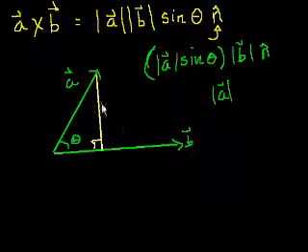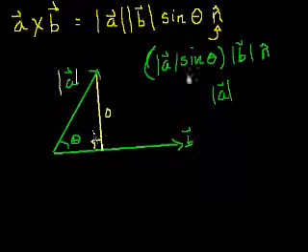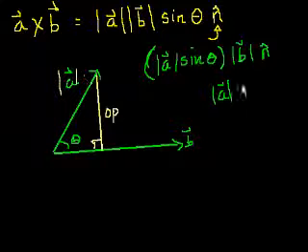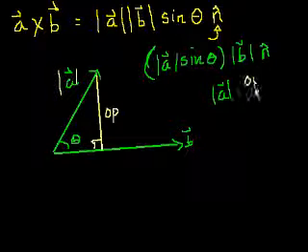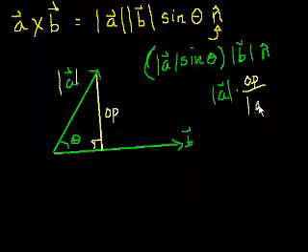This is the opposite side. The hypotenuse is the magnitude of A, so sine of theta is equal to this side, which I call O for opposite, over the magnitude of A. So this term A sine theta is actually just the magnitude of this line right here.